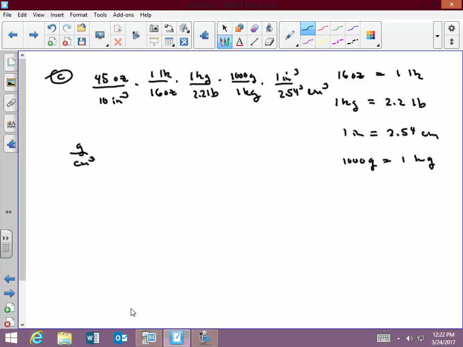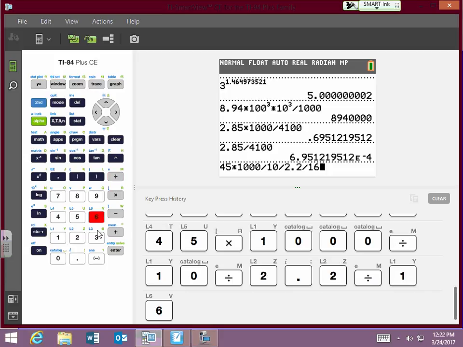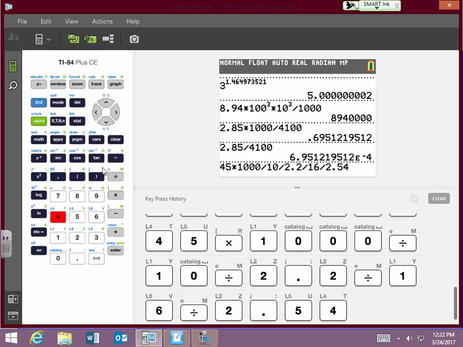Did I divide it by 16 yet? Didn't divide it by 16 yet. And then divide by 2.54 raised to the third.